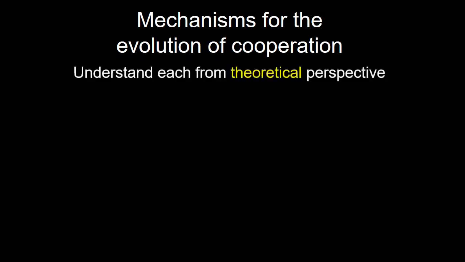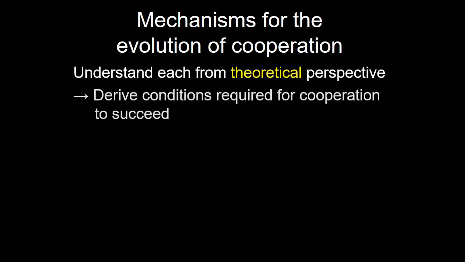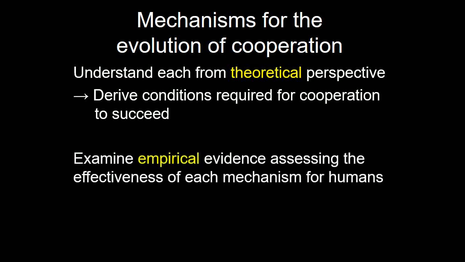And what we're going to do in this class is understand each of these mechanisms from a theoretical perspective, again, using some simple math to understand the conditions for cooperation to succeed through each of these different mechanisms, and understanding in more depth conceptually how they work. And then we'll also talk about some empirical evidence assessing the effectiveness of each of these mechanisms to actually promote human cooperation.